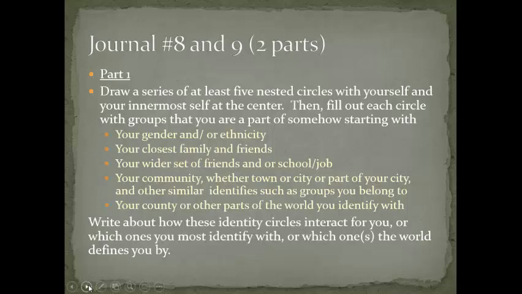And what I want you to do is to write about how these identity circles interact for you, or which ones you most identify with. Go through and try to figure out which one is the most interesting to you. What is expected of you in the world? For example, as a woman, I have a very athletic build, and when I'm in society, all the images that I see are of really thin women, and the ideal beauty is to be small and not muscular.